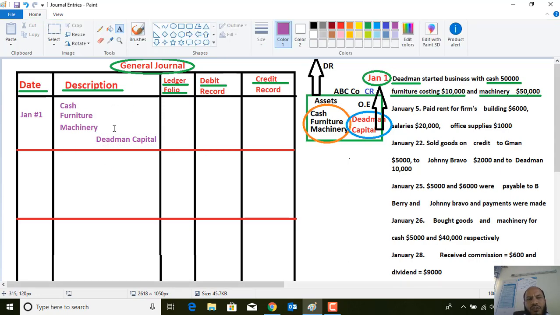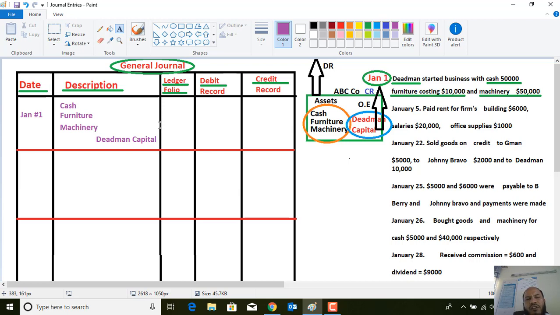See, dear students, we have an increase in cash, an increase in furniture, and an increase in machinery. So this is a debit record. That's why, when you are recording a transaction in the general journal, please record the debit accounts close to this line and record the credit accounts close to this other line.